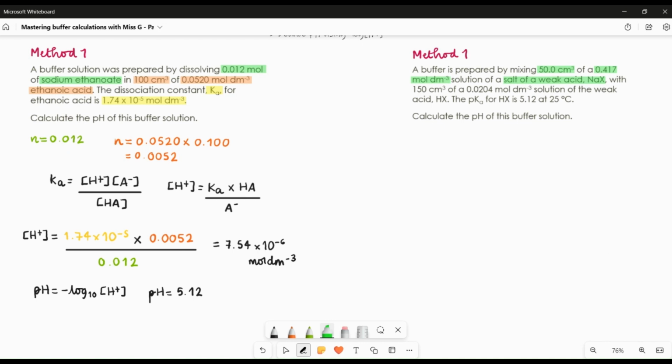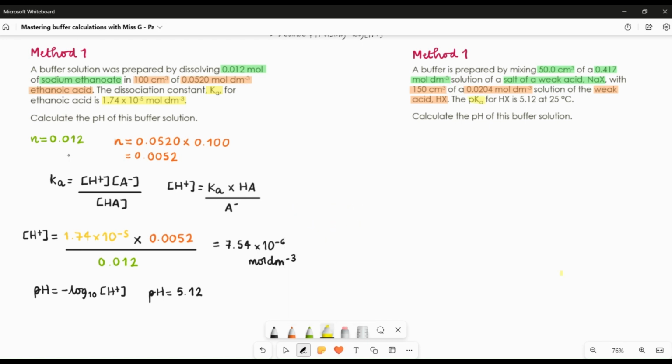So we can work out again the moles of that really easily because we've got a volume and a concentration. And then again for the weak acid, which is HX, we are adding 150 centimetres cubed of that solution, and the concentration is 0.0204.